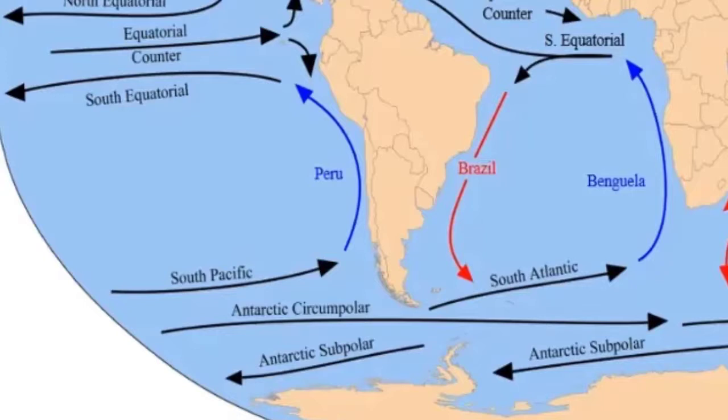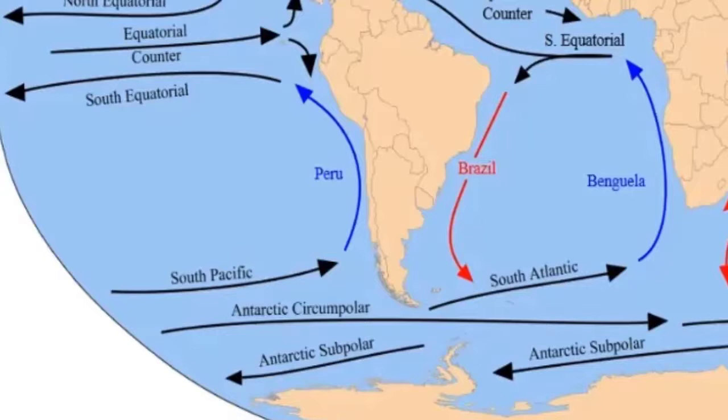And then as it gets there, it gets bent around and it tends to go to the left because of Earth's rotation. It's very cold water because it's been way down there near Antarctica in the very southern Pacific for a long time. That water's gone all the way across the ocean at that latitude. So it's extremely cold when it gets to Peru.